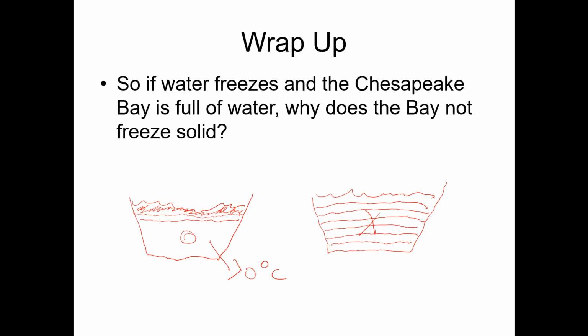So the main reason that Chesapeake Bay does not freeze over is because water is weird. Water undergoes a phase change from a liquid to a solid, and is the only substance that I know of where the solid is less dense than the liquid.